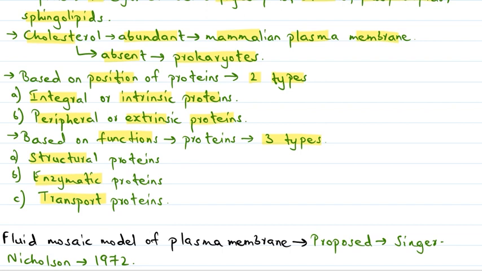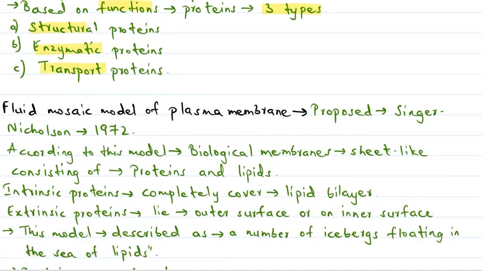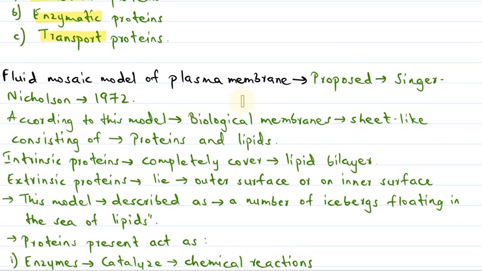Then we discussed the fluid mosaic model of the plasma membrane. This fluid mosaic model was proposed by Singer and Nicolson in the year 1972. So what does this model say?